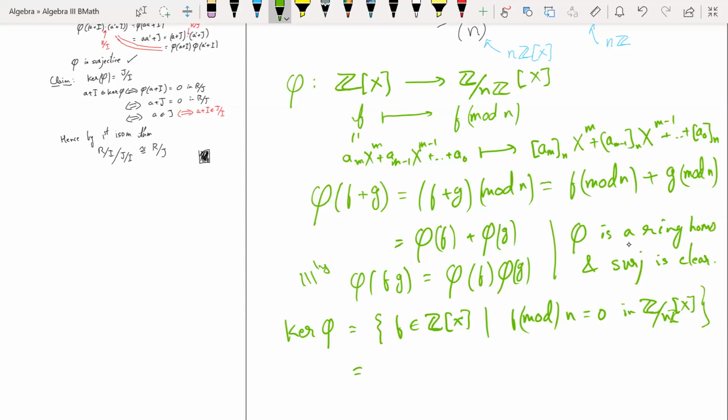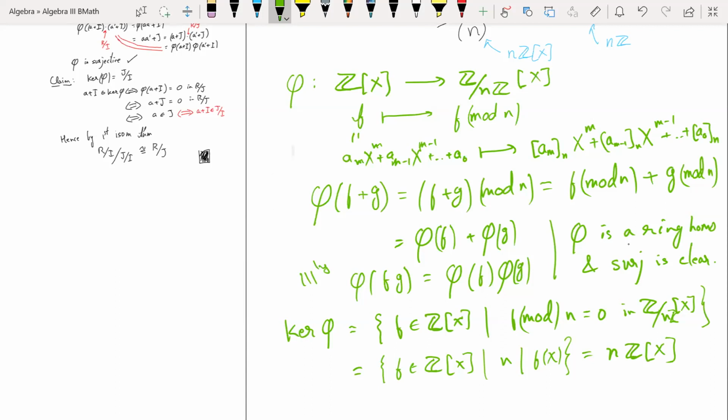This is the same as saying f belongs to Z[x] such that n divides f(x), which is the same as nZ[x].